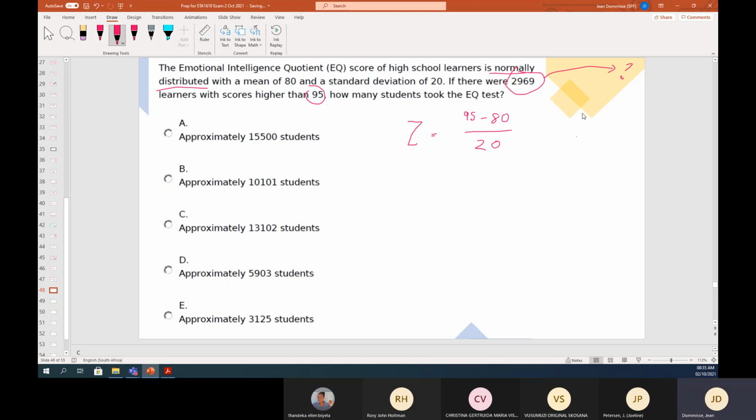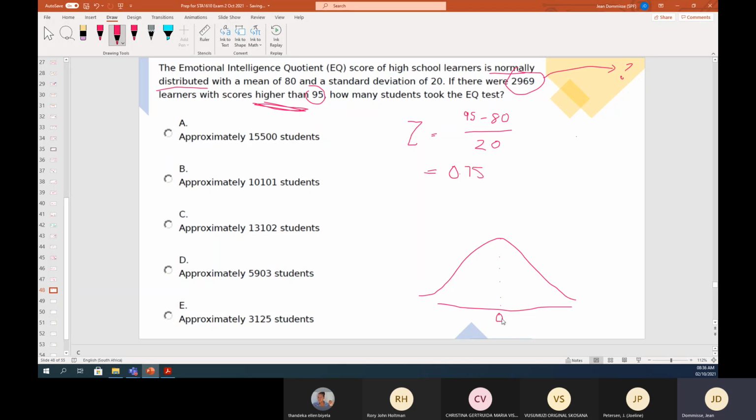Okay, so higher than 95. So when we work out that Z, let's see where that will end up. So let's first work out the Z. So Z is equal to 95 minus 80, which is 15. 15 divided by 20 is 0.75.